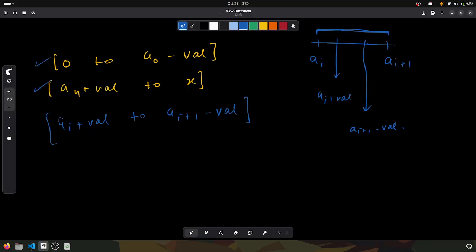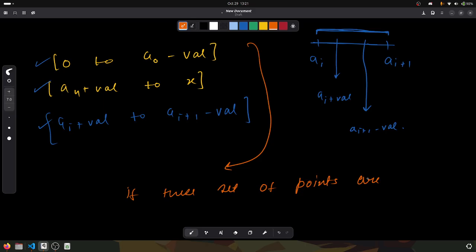So these three types of ranges we can put the teleporters anywhere on, and if this set of points has more than k points, then the check function will return true, else false.